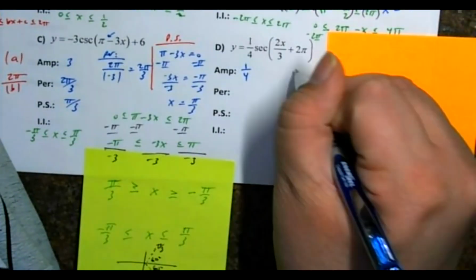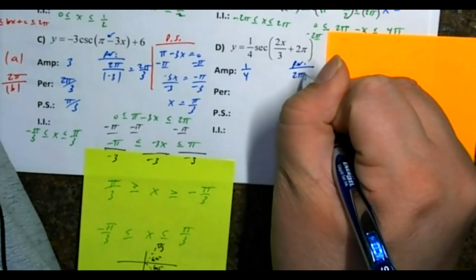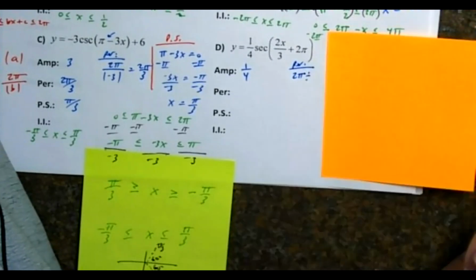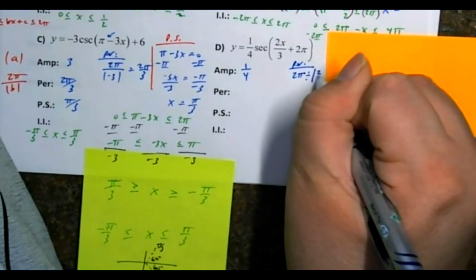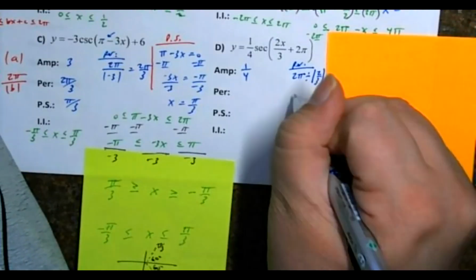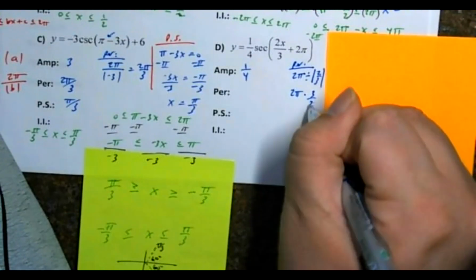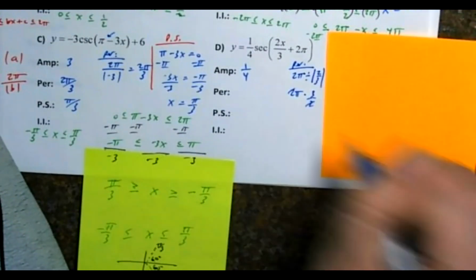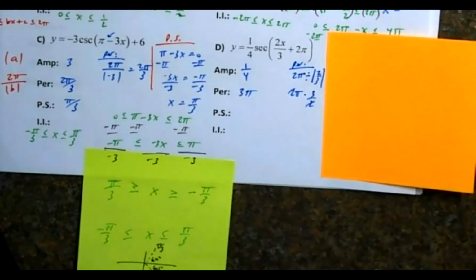The period is 2 pi divided by the absolute value of 2/3, which is just 2/3. So the period is 2 pi times 3/2. The 2's reduce, so I have pi times 3, which is 3 pi. There's the period, 3 pi.